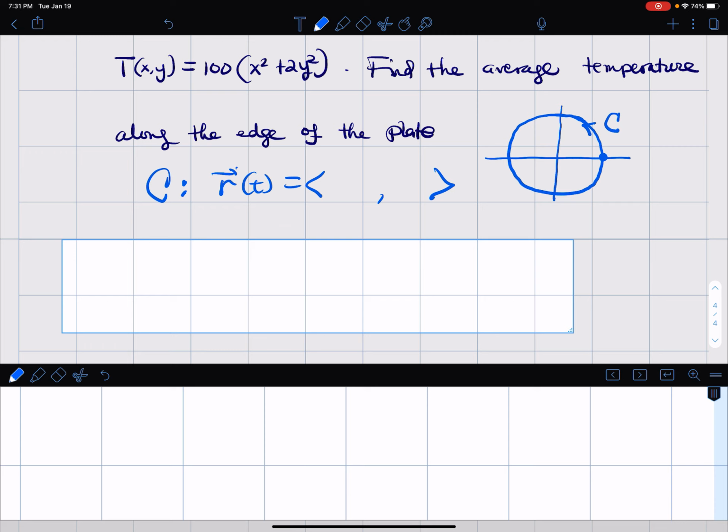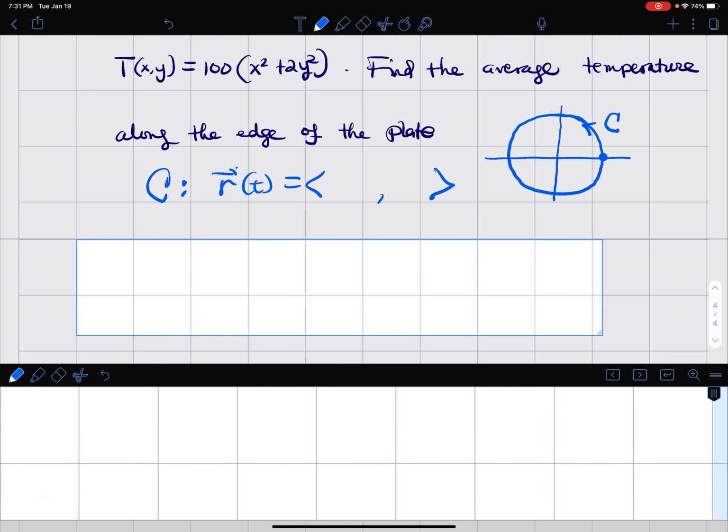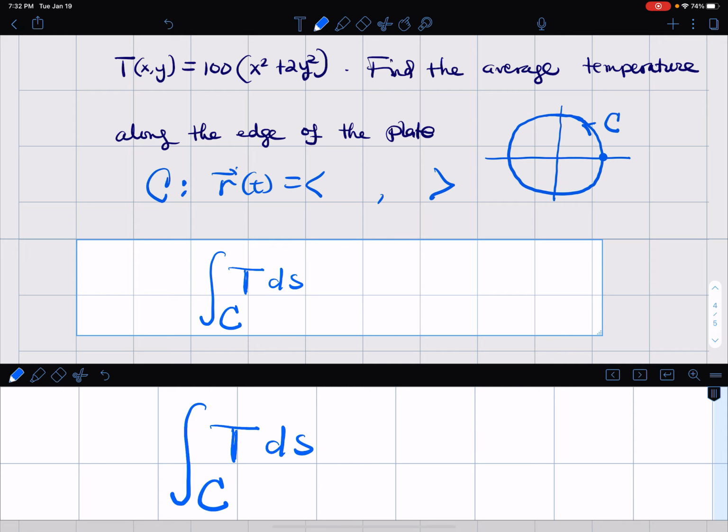So what you have to compute now is the line integral of f, but in this case is actually T ds, the temperature function.